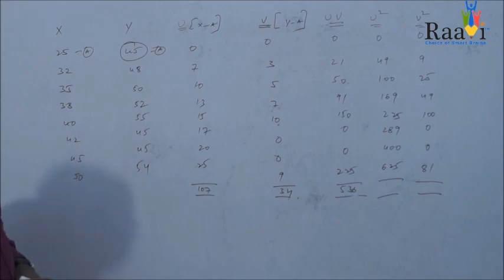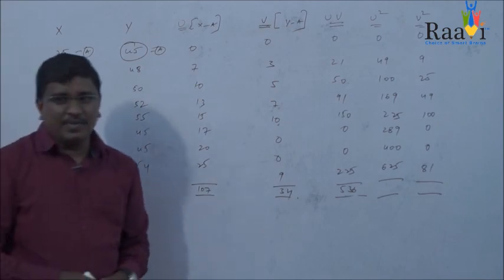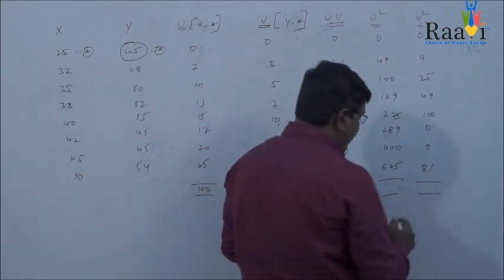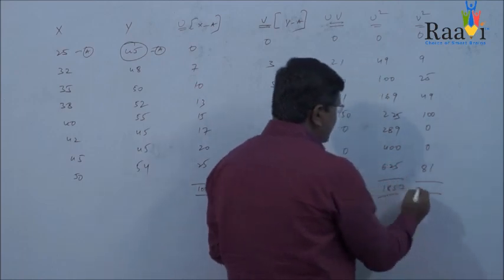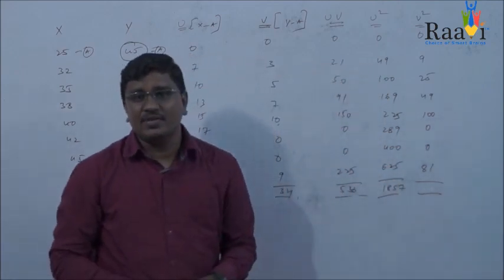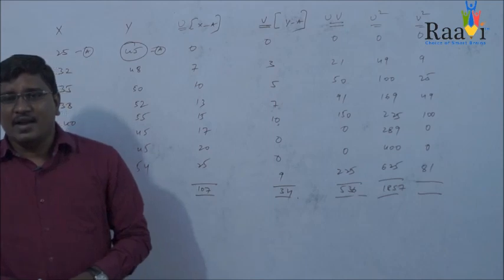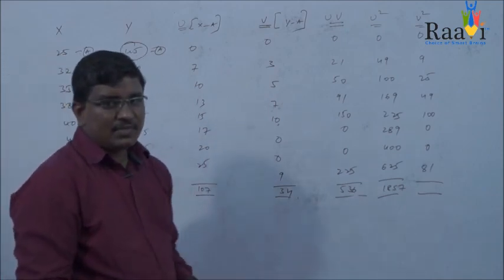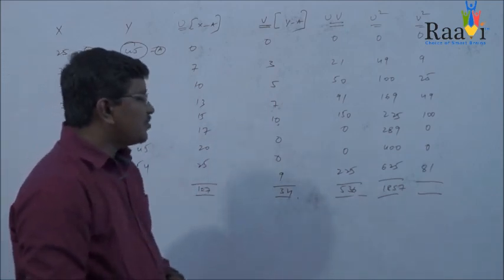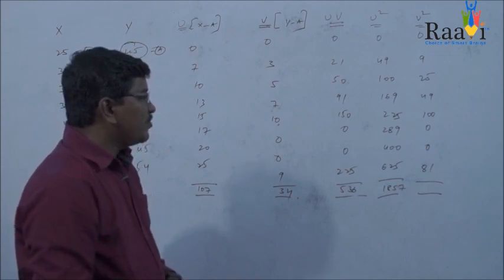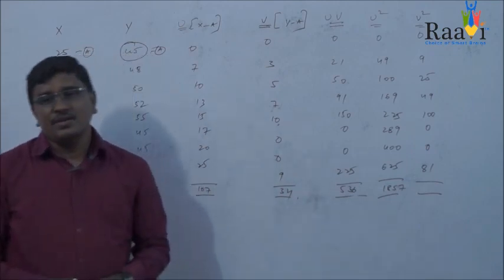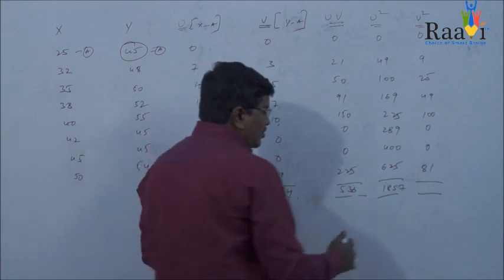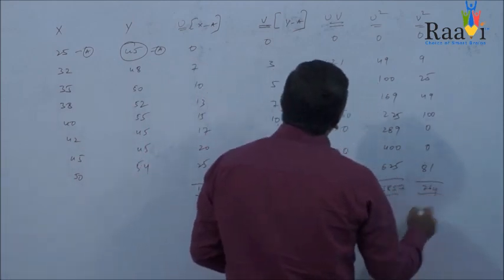And the total of u square is 1857. Next, the total of v square, 81 plus 100 plus 49 plus 25 plus 9, is 264.